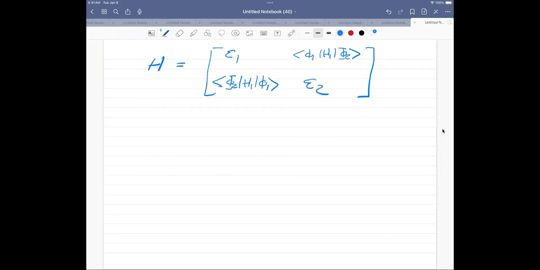And then I'm going to have epsilon 2 here, because the diagonal term has only the unperturbed energy. And then it's also easy to see that when I take phi 1 of HI with phi 2, this is simply going to be equal to lambda. Okay, this parameter. You can see that immediately.